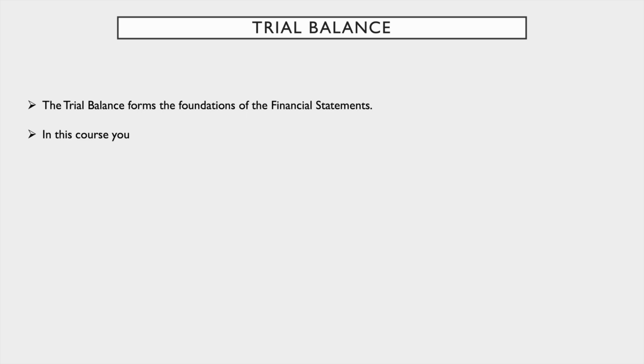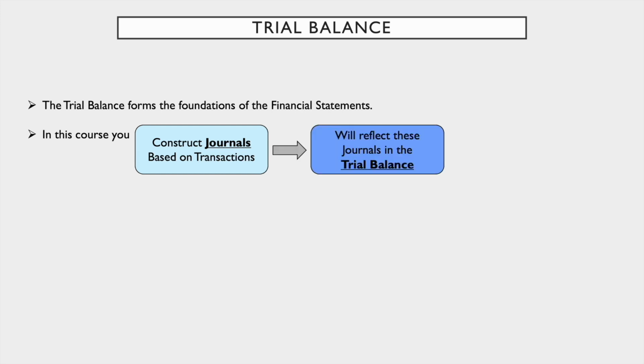We will get to that, but as I said before, the trial balance forms the foundations of the financial statements. In this course, you will construct journals based on transactions. Based on those journals, you will reflect them in the trial balance, and then from that trial balance, you will build the financial statements. I did say I want to show you an illustration of a trial balance.